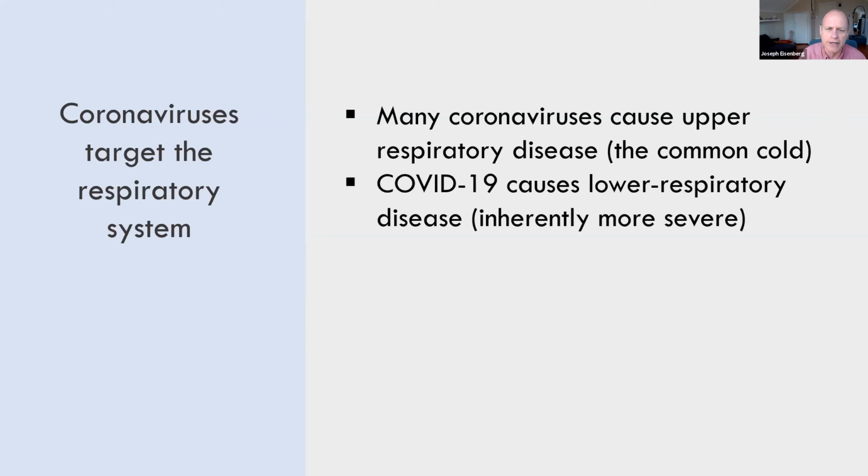So what's unique about COVID-19 is that it actually targets the lower respiratory system and therefore is inherently a much more severe disease and thereby resulting in the higher mortality that we're seeing in COVID-19 compared to many other coronaviruses that are endemic worldwide.